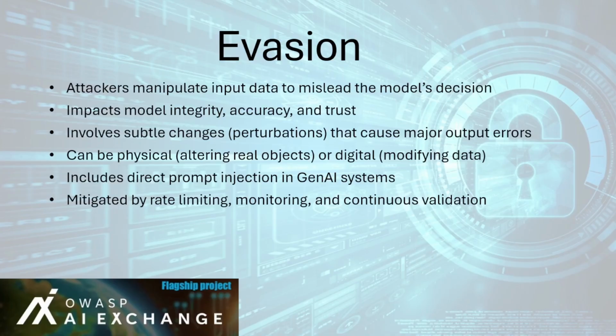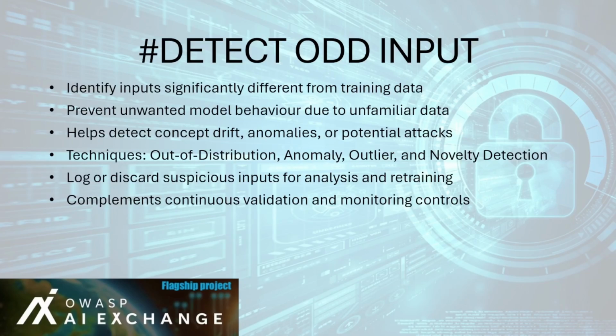See the general controls, especially limiting the effect of unwanted behavior. Also see the controls for threats through use, and the below controls, each marked with a hash and a short name in capitals in the following sections. #DETECT ODD INPUT focuses on identifying inputs that fall outside the scope of what the model was trained on. These are called out of distribution or OOD inputs.